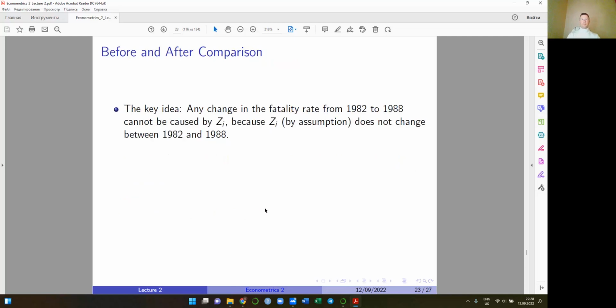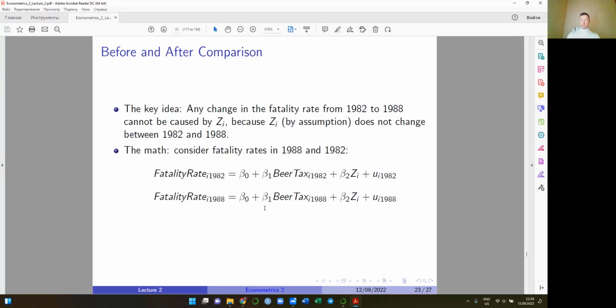How? The idea is that if there is a change in the outcome variable, the fatality rate, between these 2 periods, 82 and 88, since we assume that the unobservable factor is constant over time, it is not possible that this factor influences a change in the outcome variable, right?